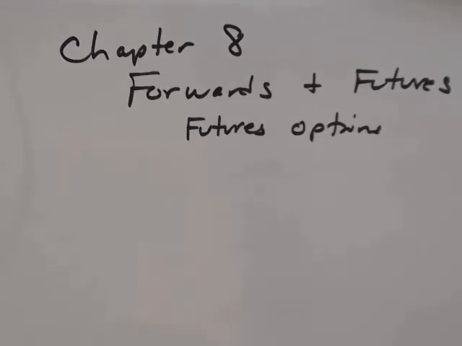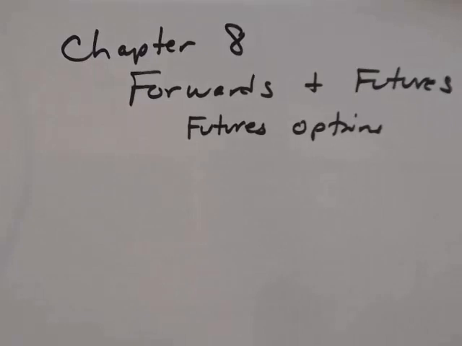A forward contract is a negotiated contract that's usually transacted over the counter. And so they're very specific. They tend not to be very liquid, and it's making a phone call to another institution to be able to arrange one of these forward contracts.